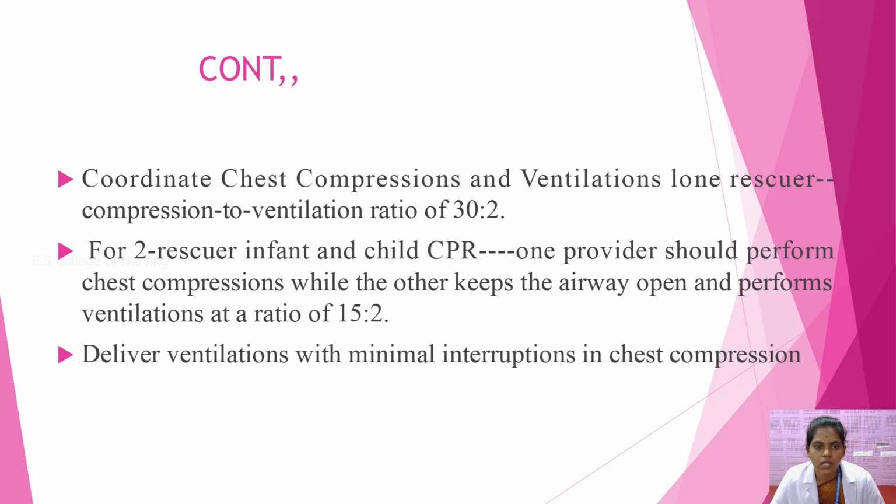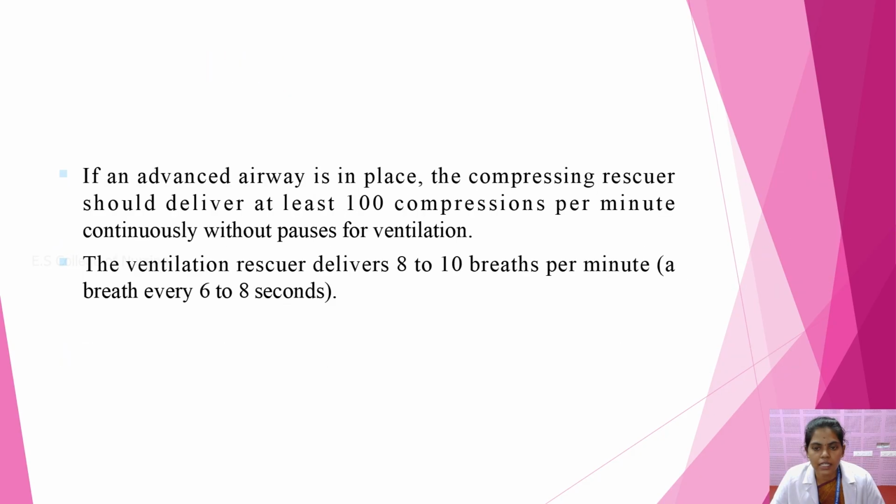Next, coordinate chest compression and ventilation. For a single rescuer, the compression to ventilation ratio is 30:2. For two rescuers with infants and children, one provider performs chest compressions while the other keeps the airway open and performs ventilation, at a ratio of 15:2. Deliver ventilation with minimal interruption of chest compressions.